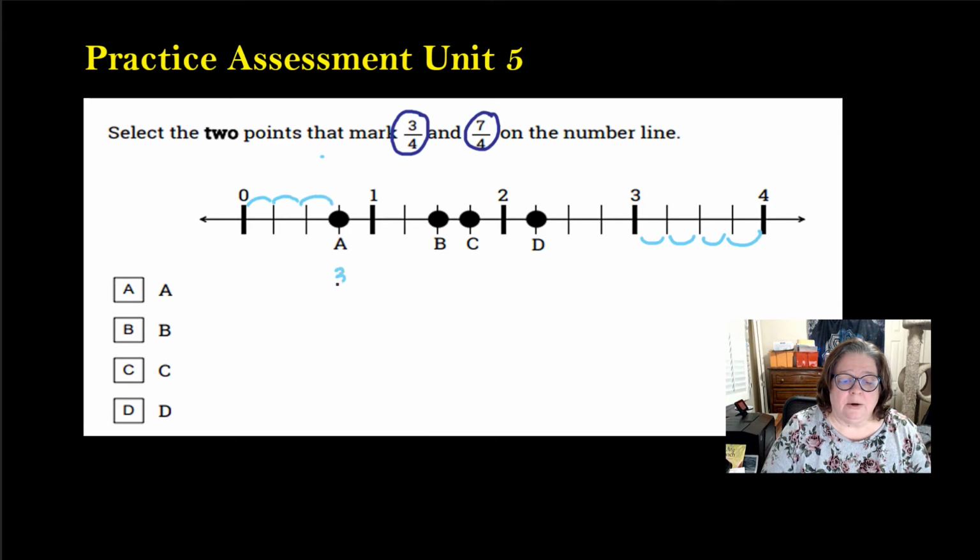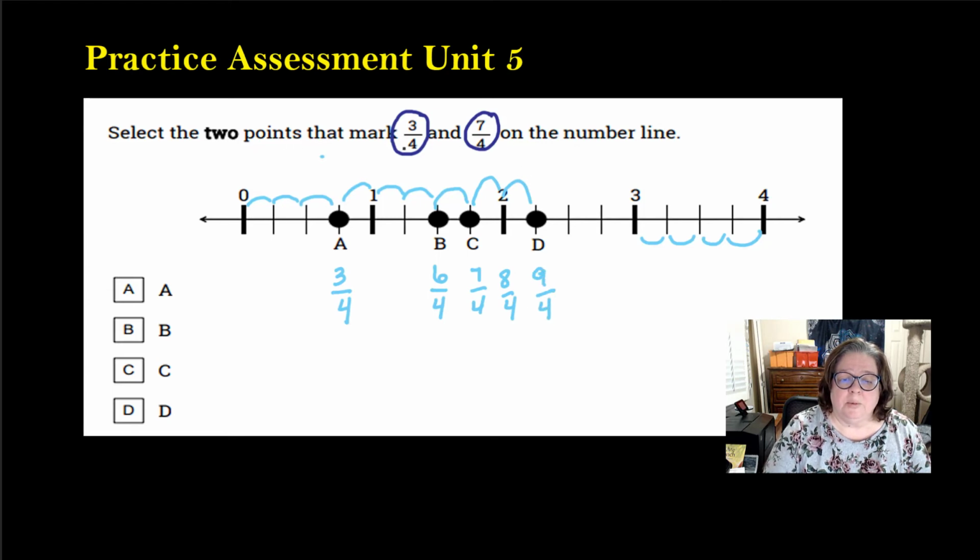I'll put it down here. 3/4. 1 would be 4/4. This would be 5/4. This would be 6/4. I'm going to write that down so I don't forget. This would be 7/4. 2 would be 8/4. And then this dot here, D, would be 9/4.